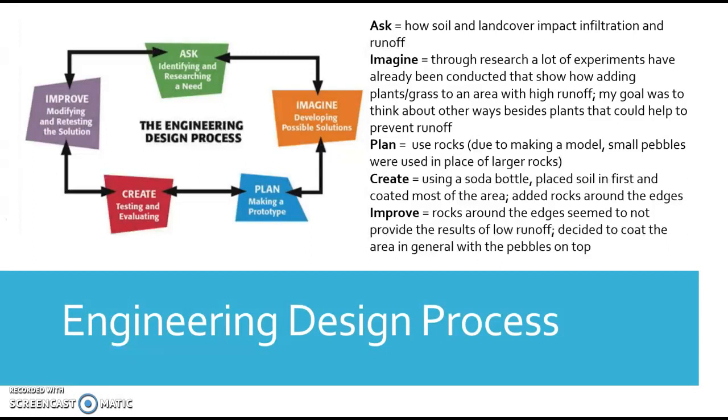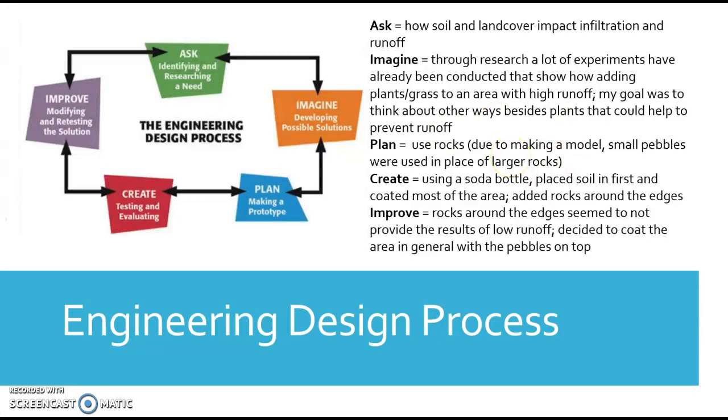In addition, when you're growing things, there's the process of waiting until they sprout up, which can sometimes be an issue, and sometimes the runoff, depending on how high it is, could end up washing those plants and those seeds away before they even get a chance to grow. So I wanted to come up with another way that might be a little bit faster to use. So my plan was to use rocks.